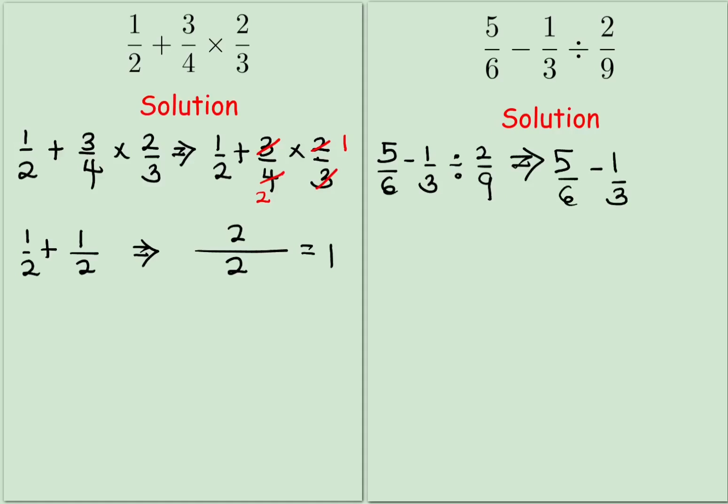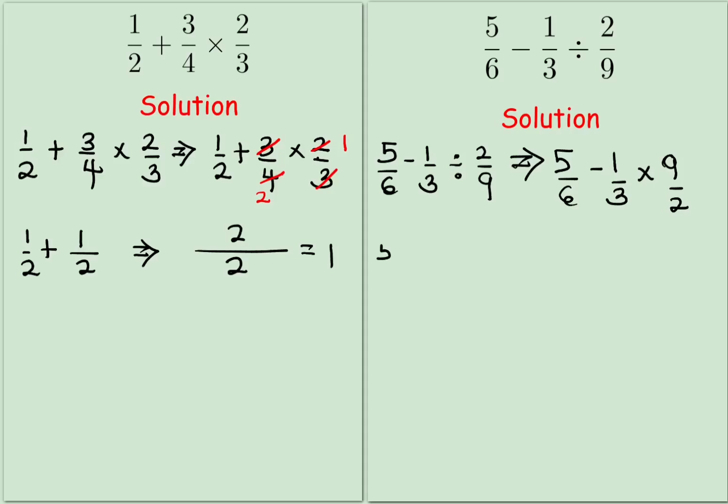We know when we are dividing fractions, we keep the first fraction and then we change our division symbol to multiplication, so times, and then we reciprocate this fraction here. So it becomes 9 over 2. We've done all of this in our previous lessons. Now with this, we focus not on division, but on multiplication. And our rule still says we should consider multiplication before subtraction.